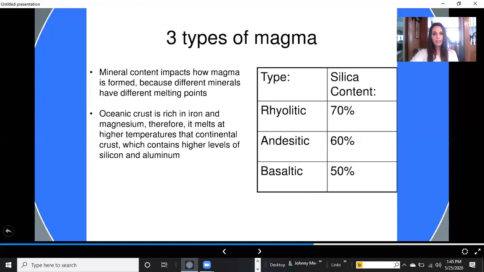So you notice that the continental crust is going to melt at lower temperatures, and it has more silicon and aluminum. So you can see here, if you look at your silica content, your rhyolitic and andesitic are going to be continental crust, whereas your basaltic is going to be that oceanic crust.